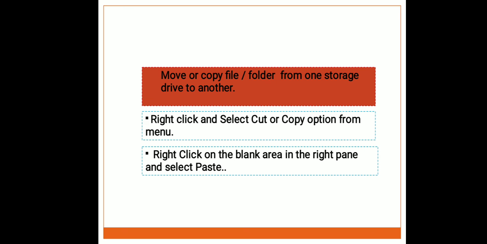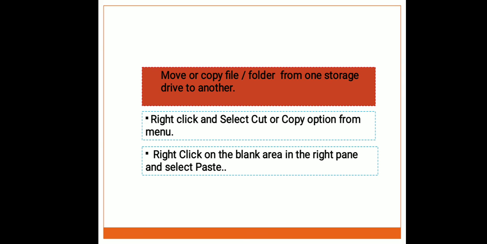So how will you copy from D drive to your pen drive? First of all, insert the pen drive in your computer, then go to the D drive where you want to copy your data.